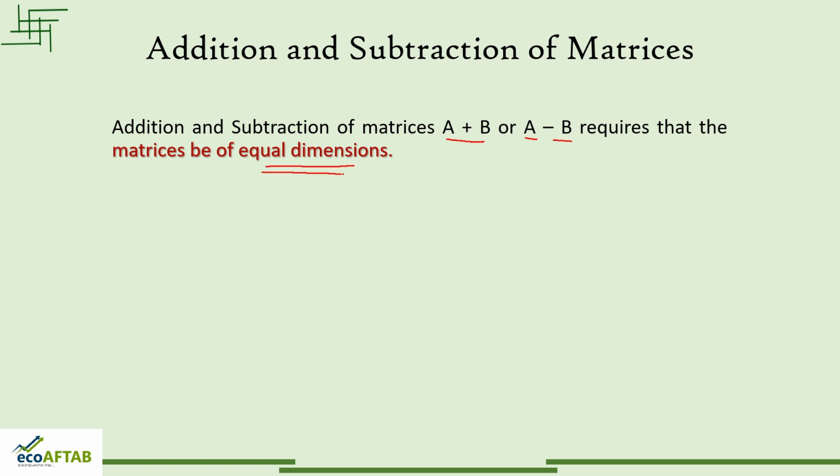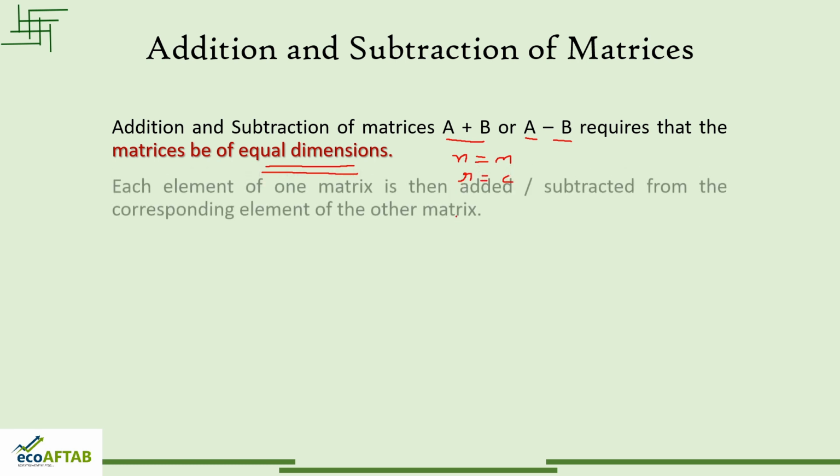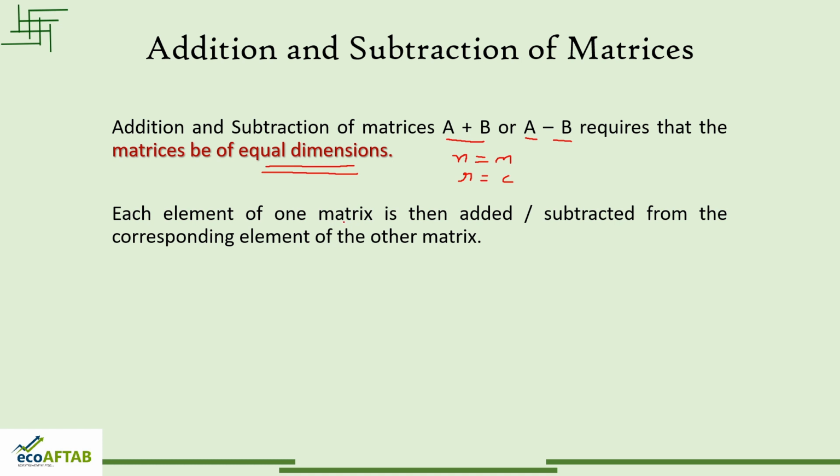If you want to add or subtract two different matrices, then the number of rows and columns should be equal to each other. Each element of one matrix is added to or subtracted from the corresponding element of the other matrix.